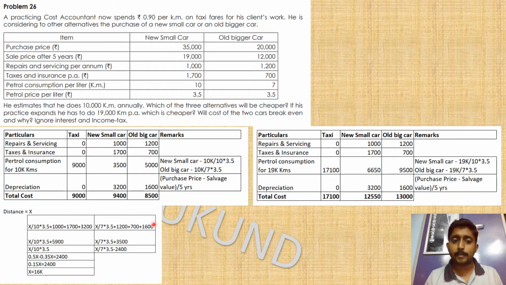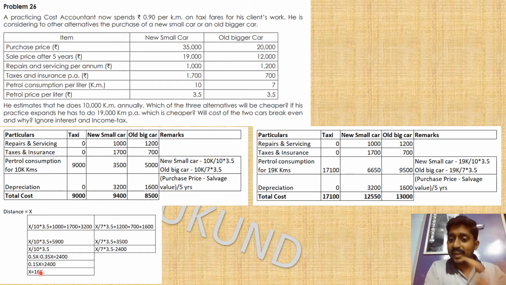In the same way for the old bigger car, 1,200 plus 700 plus 1,600 will be the constant side, and the petrol consumption will increase. What is that? X is the distance, X divided by 7 liters of petrol, multiplied by 3.5 rupees per liter. I am just equating these two equations and solving for X. This shows X is equal to 16,000 kilometers. So at 16,000 kilometers, the cost of the new small car and the cost of the old big car are both the same.